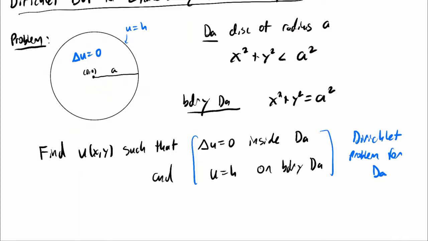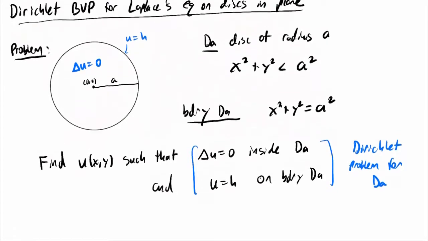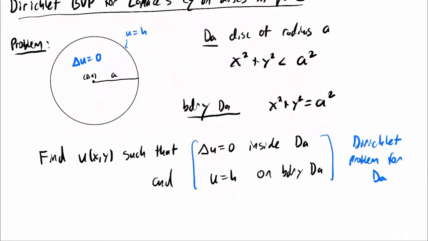Okay, and so how are we going to approach this problem? Well, we're going to use separation of variables again, but if you begin to try to use separation of variables as we did in the last example, you're ultimately going to encounter some issues, in particular because it's harder to understand how to take advantage of this particular boundary condition.